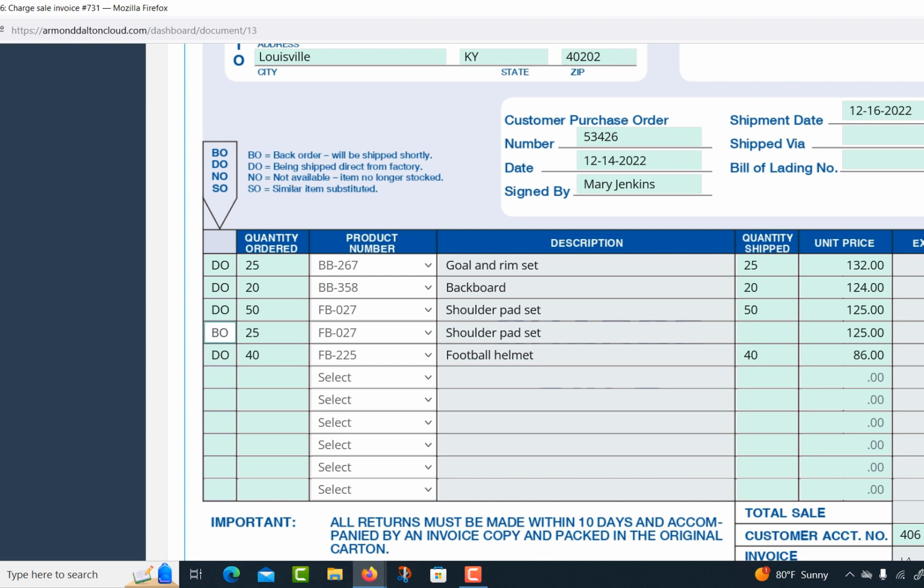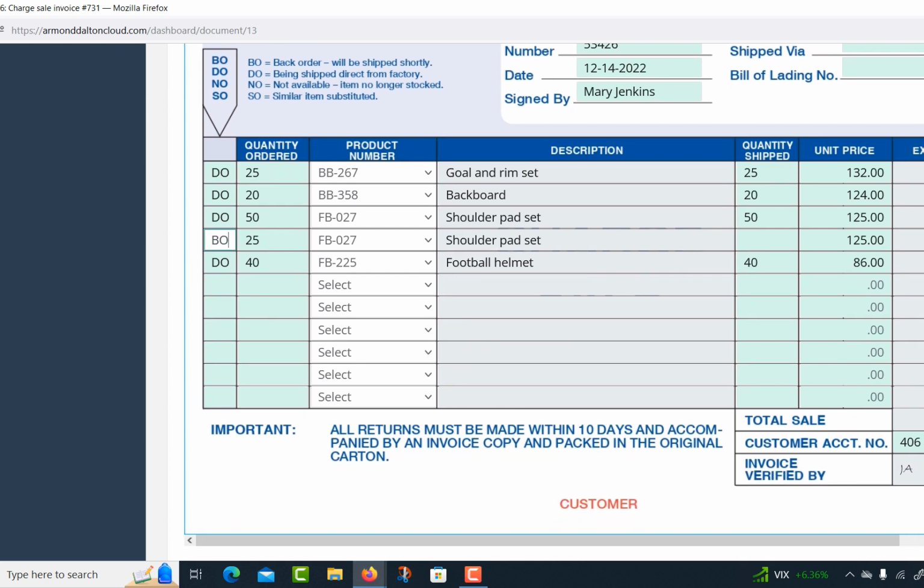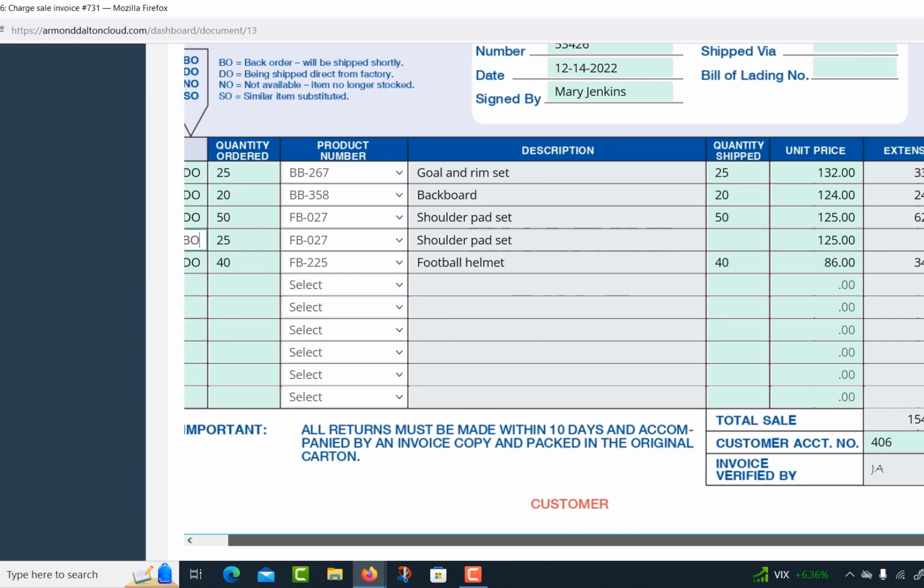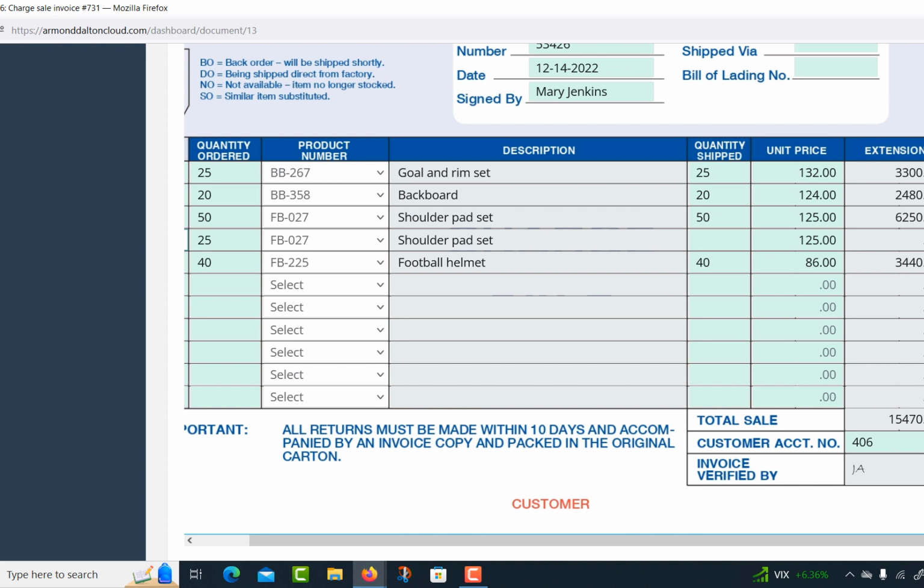So we go through, we identify the goal and rim sets, the backboards, the shoulder pad sets. What we actually had was 50. We show 25 on back order, and then we show 40 football helmets and the price. So as we calculate this in our form, it will automatically total these.